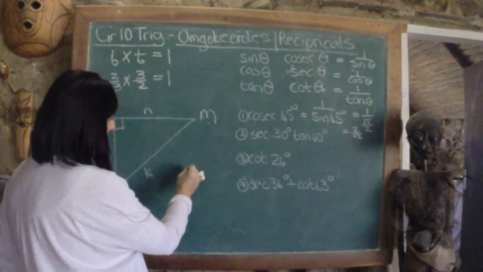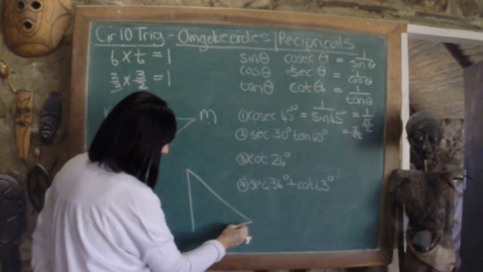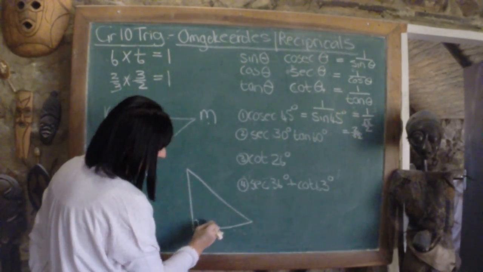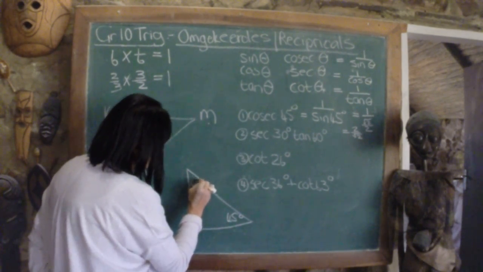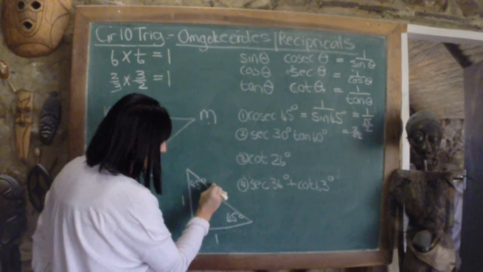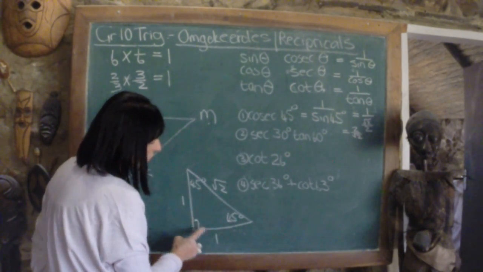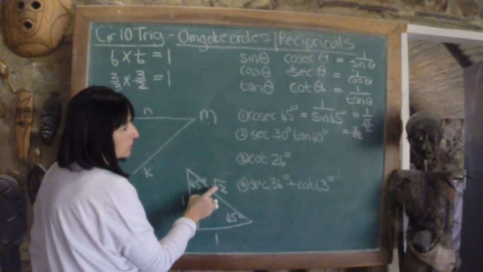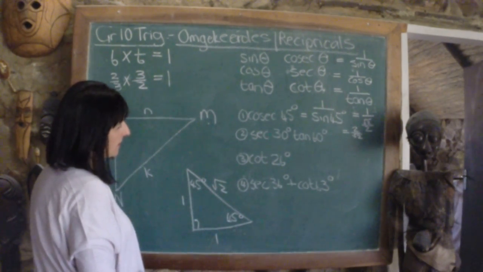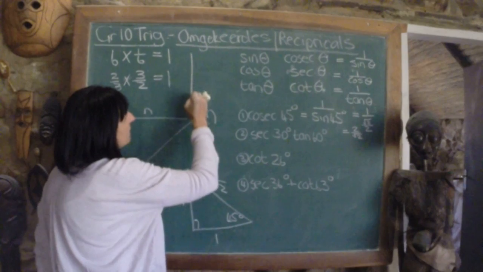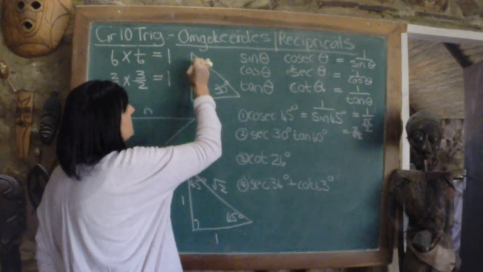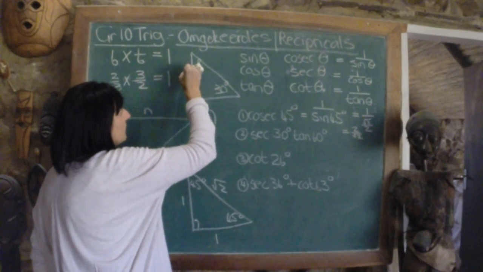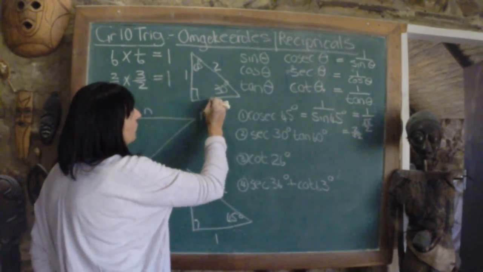Okay, let's quickly draw the 45 degree one a little bit bigger. It can either be 1, 1, root 2. En dan ons ander spesiale driehoek, 30 en 60 grade. So ek het 1, 2, wortel 3.